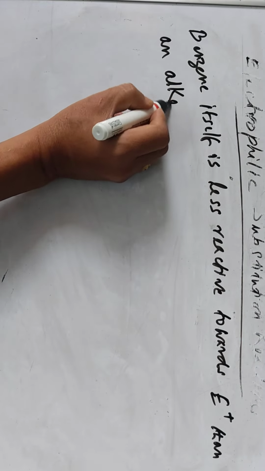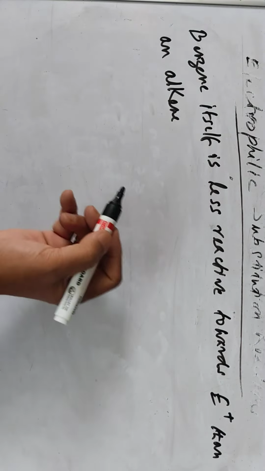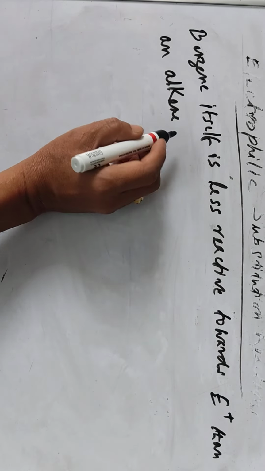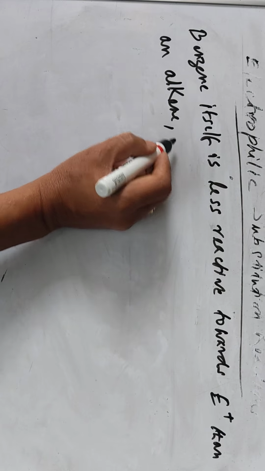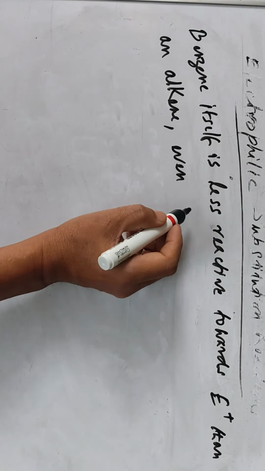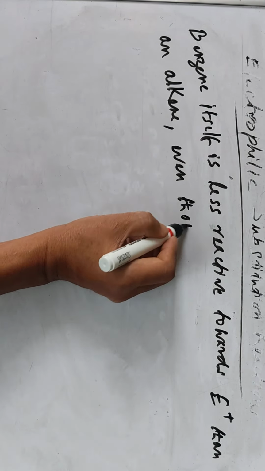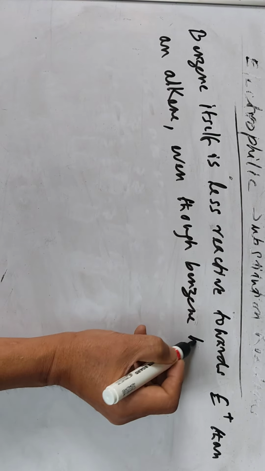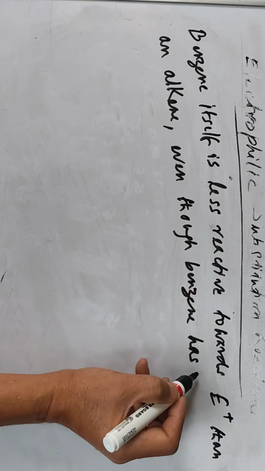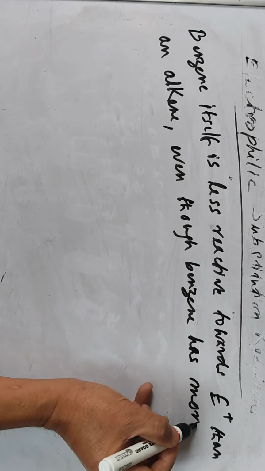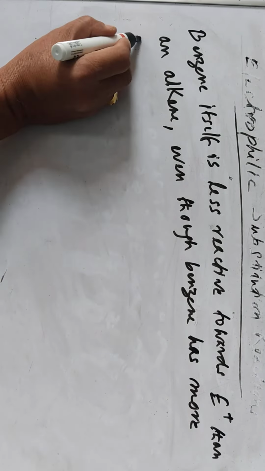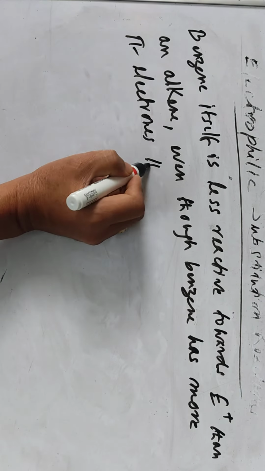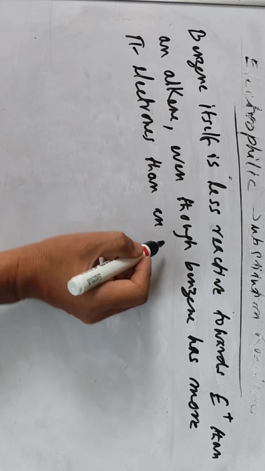As compared to alkenes, benzene is less reactive towards the electrophiles, even though benzene has more pi electrons than an alkene.